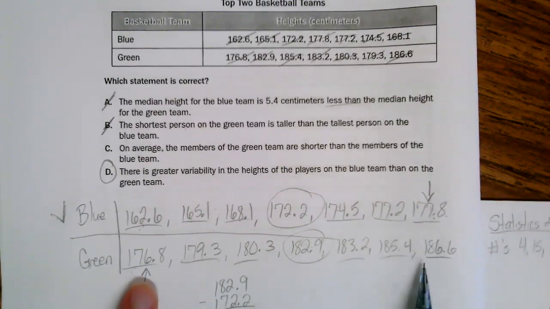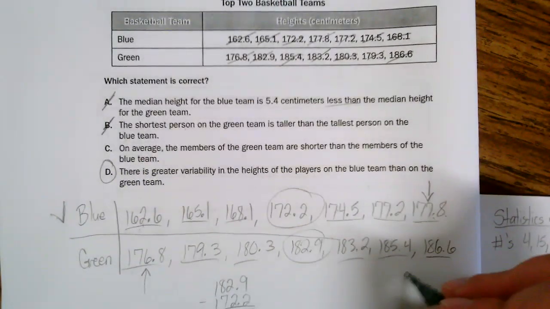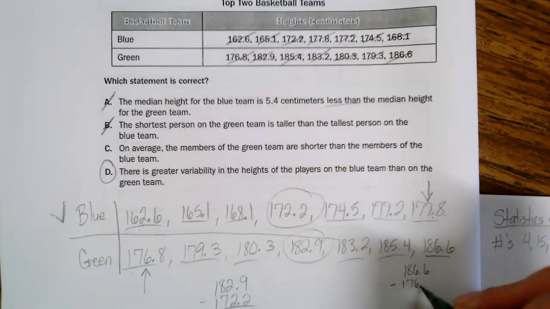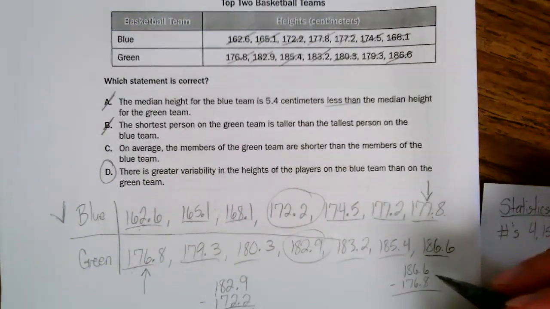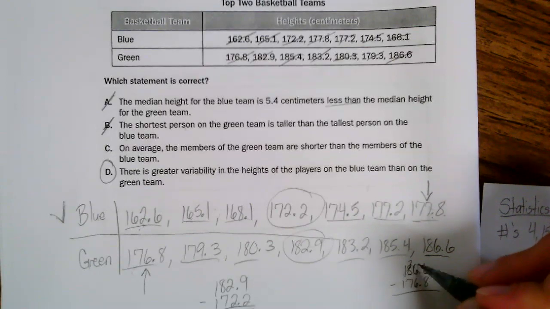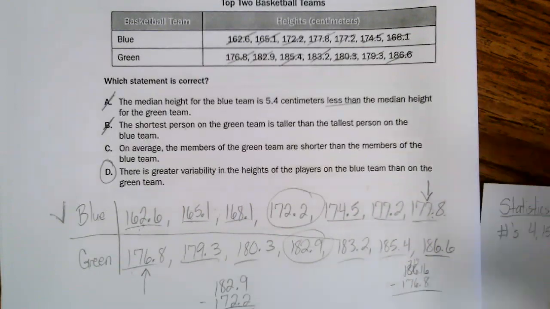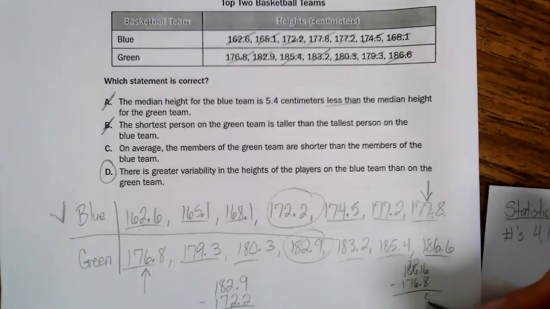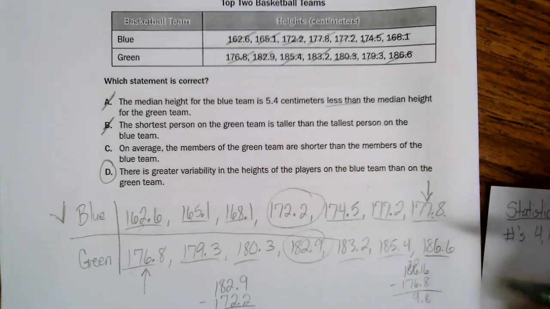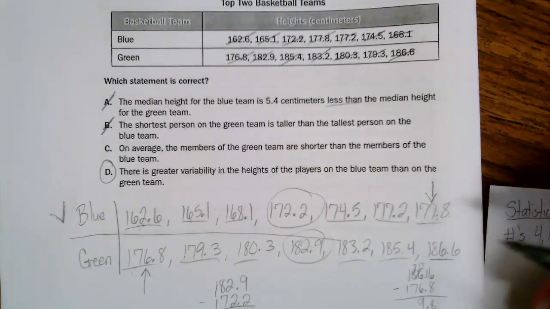Okay, my range is 10 here if I do 186 and 6/10 minus 176 and 8/10. If I borrow here, 16 minus 8 is 8, and then 15 minus 6 leaves me with 9. So I get 9 and 8/10 is my range.